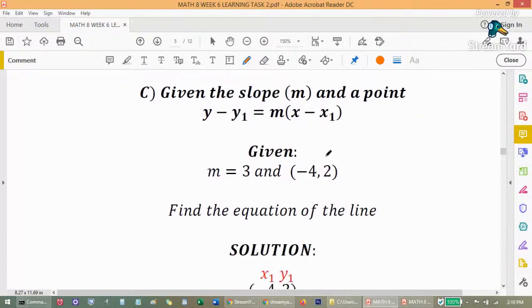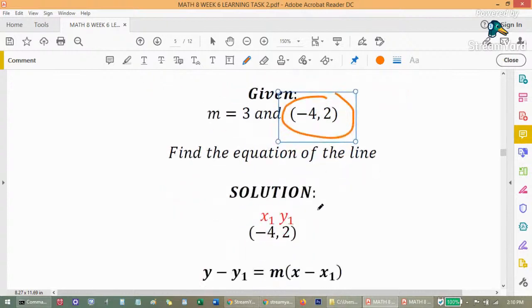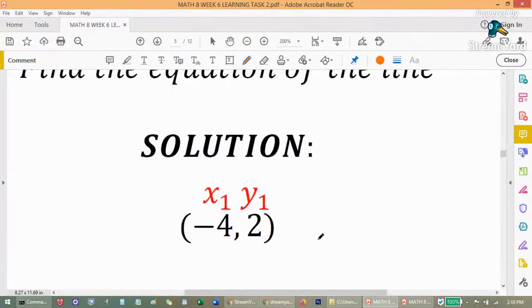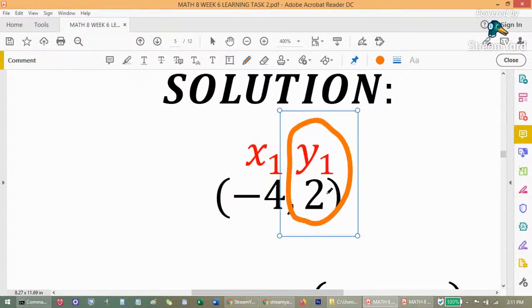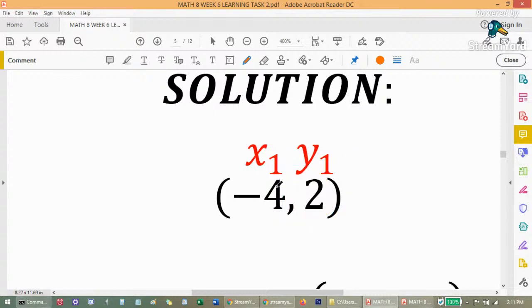So, kukopyahin ko lang itong -4, 2 na to. Then, ito yung magiging x sub 1, -4. Ito yung magiging y sub 1 natin, 2.